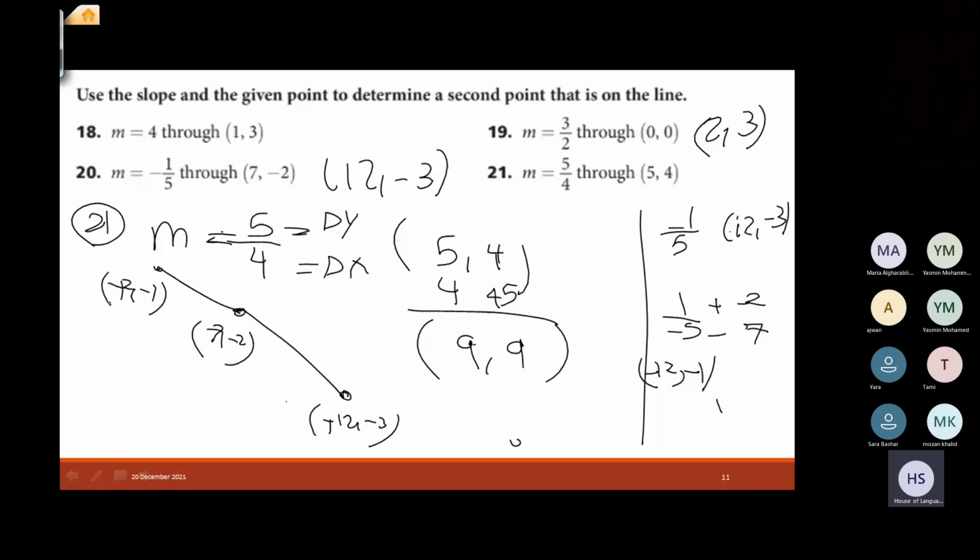If you find the slope between these 2 points, you will find that's negative 1 over 5. Between these 2 points, you will find that's negative 1 over 5. Got it now? Yes. If you give us A as 12, negative 3, it will not happen.